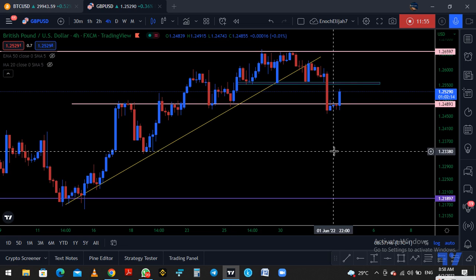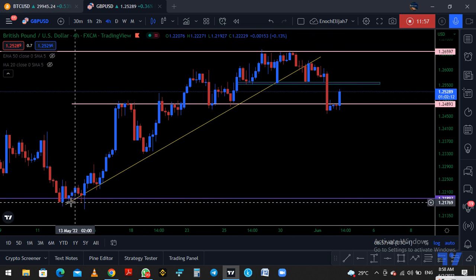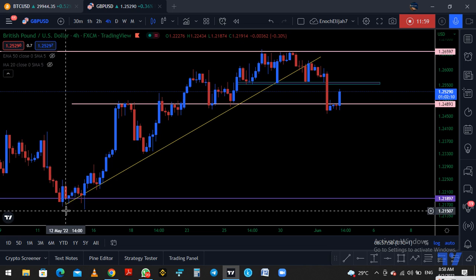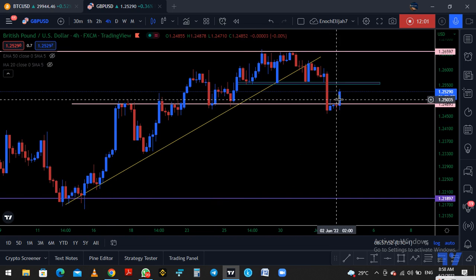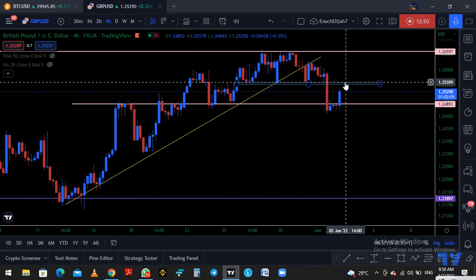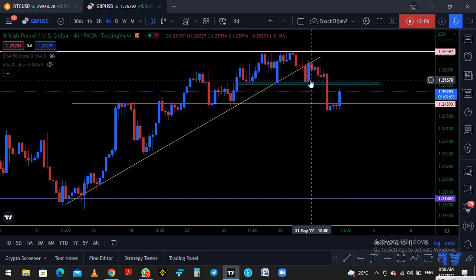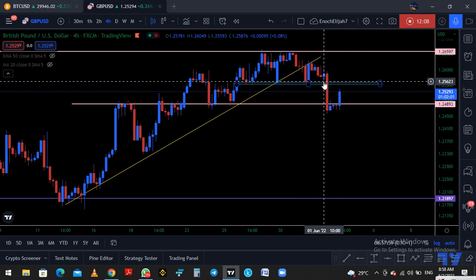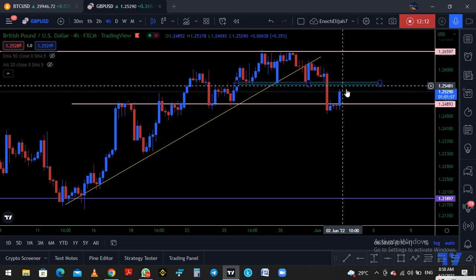So now, since the trend seems like it's kind of changing, anything can happen between here and here. You can just reject this minor lower time frame resistance right there and then sell back downward.